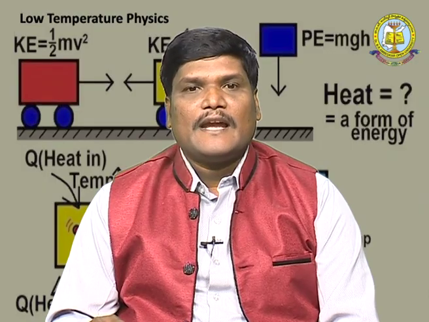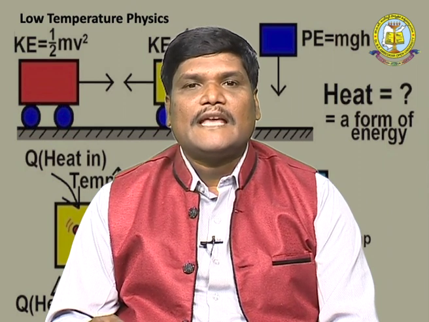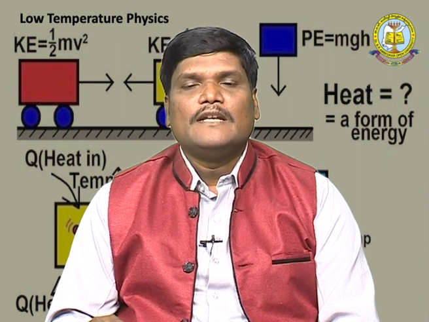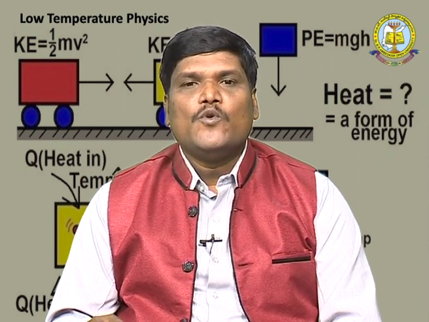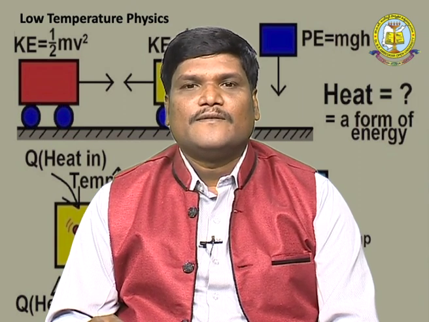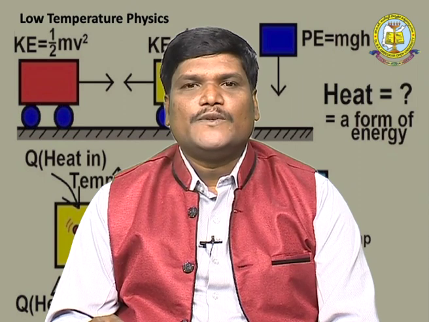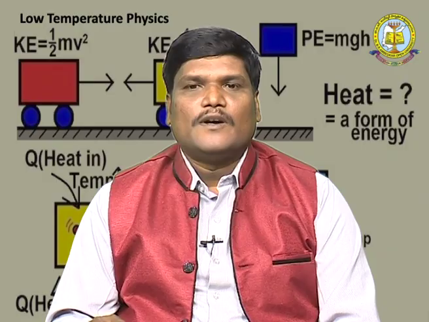On the left hand side the piston is working on the gas, whereas on the right hand side the gas is working on the piston, so the piston moves to the right. This is the process in which the temperature of the gas falls down.